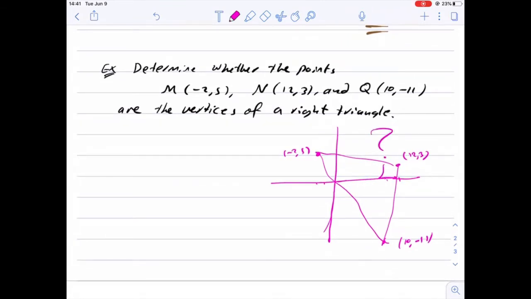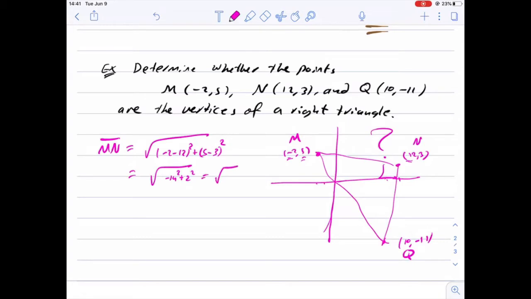We want to see if this triangle has a right angle. So to do so, we first find the lengths between the points M, N, and Q. We find MN, the length of MN. This is the distance between M and N. So this is x1 minus x2, -2 minus 12 squared, plus y1 minus y2 squared, and this is the square root of -14 squared plus 2 squared.